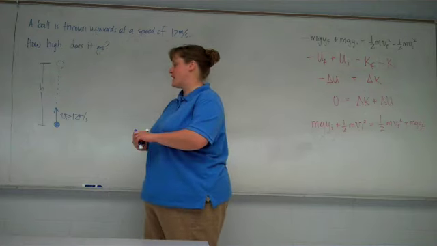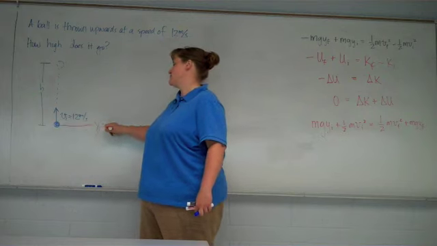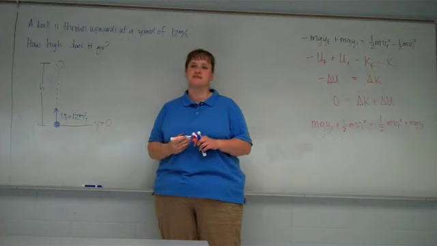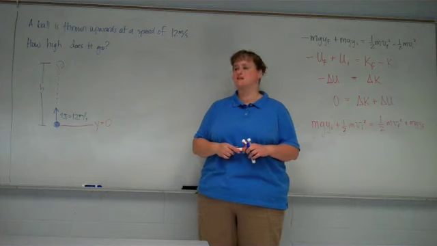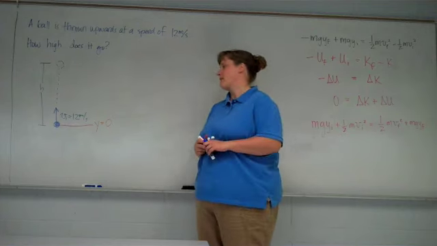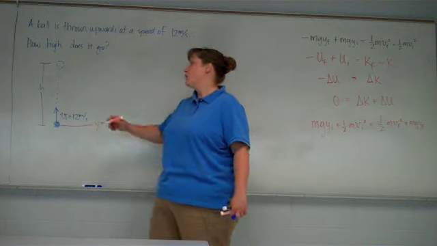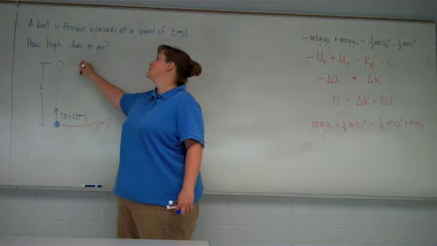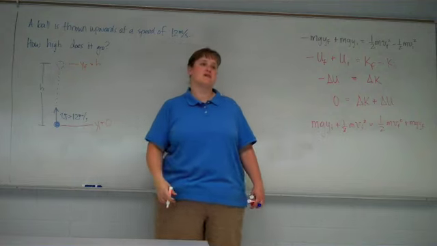I'm going to go ahead and say y equals 0 right here. I'm going to put my origin down here at the initial position where the ball left my hand or whatever projected it upwards. So y initial will be 0. Y final will be h, whatever that height is, however high it goes.